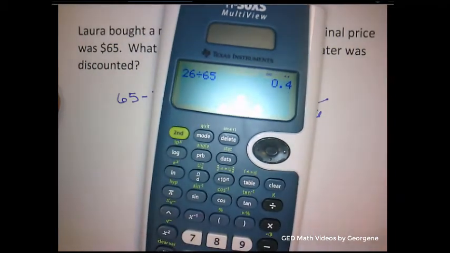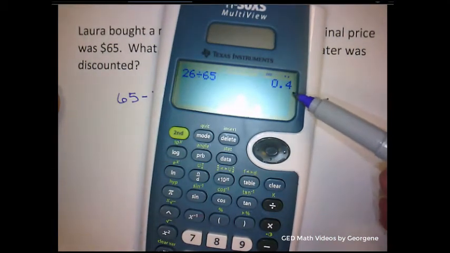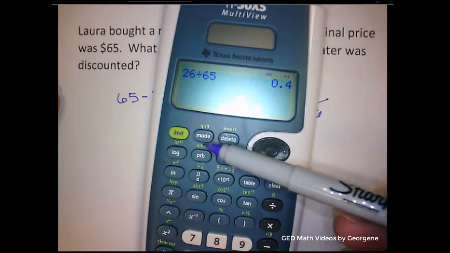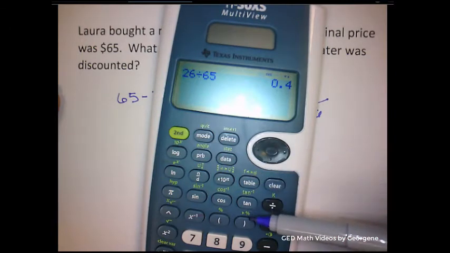So you see that I still have the 0.4, that decimal number. Now, if I take a look at the 4th column and I go down, you're going to see a little arrow with a percent symbol. That means I am changing it to a percent. Right underneath it, you see that right-hand bracket.